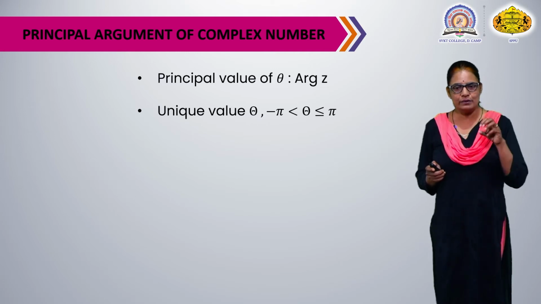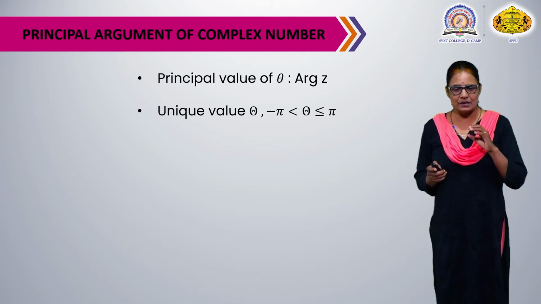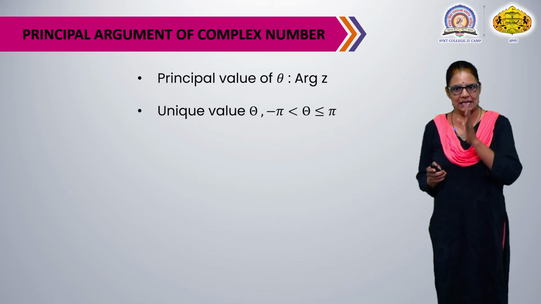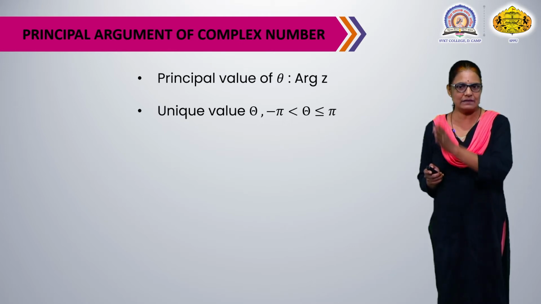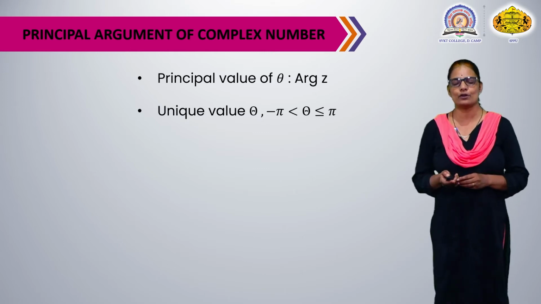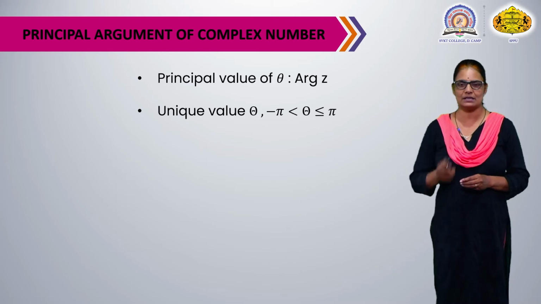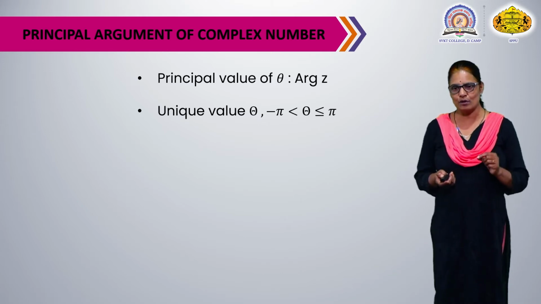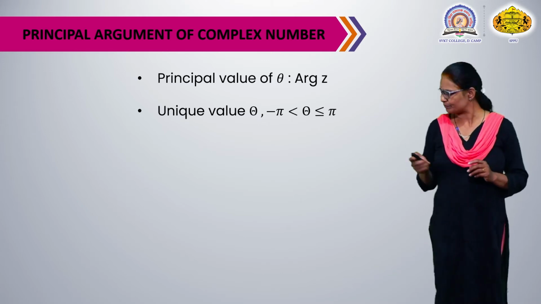The value of theta which satisfies this inequality is the unique value called the principal argument, and it is denoted by the symbol capital A small r g z.